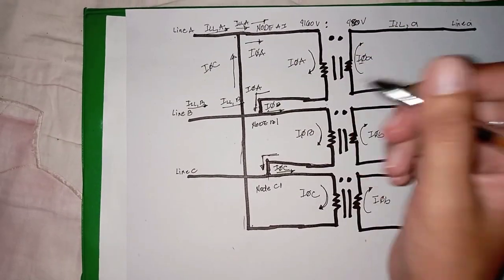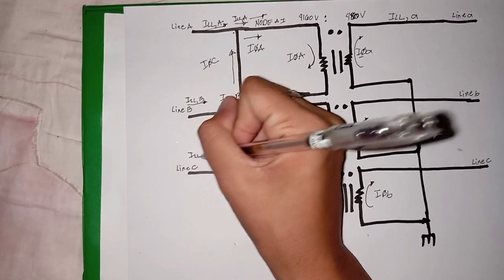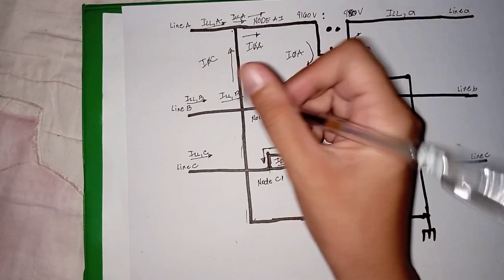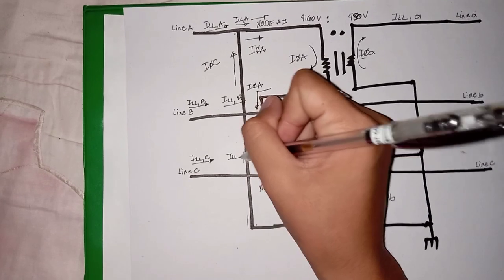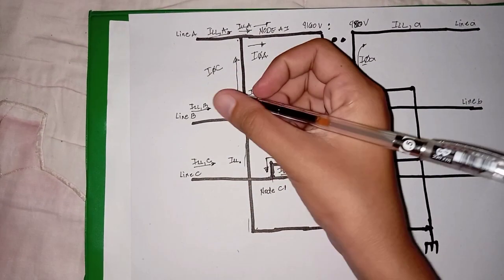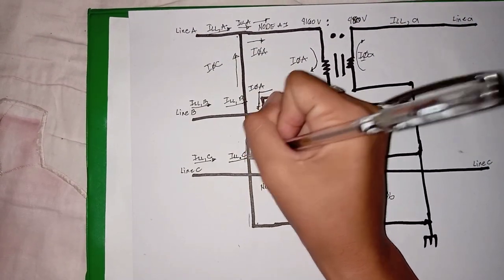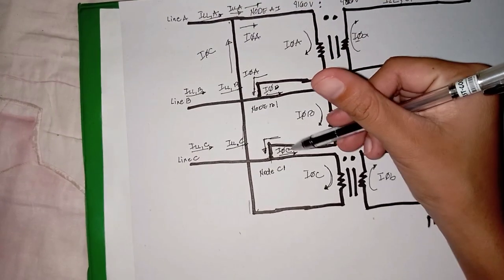And lastly, line to line current C will flow through line C into the bushing of winding C and finally into the node C1.